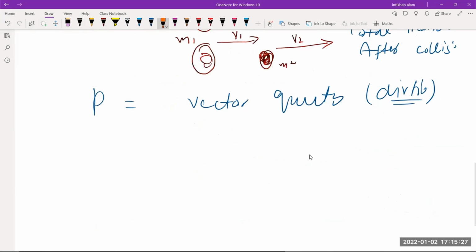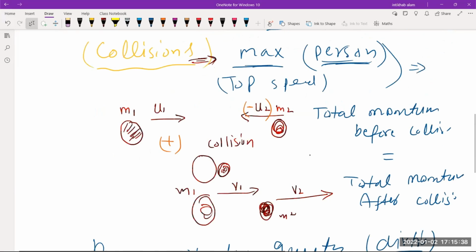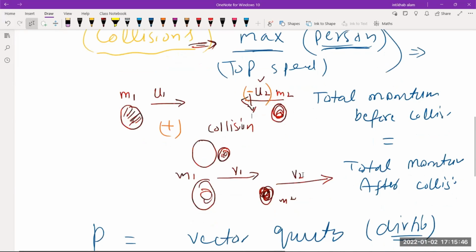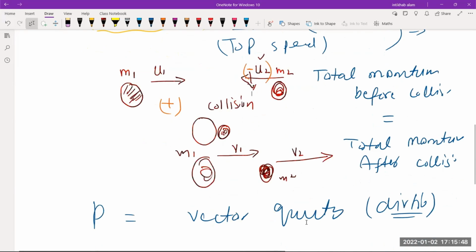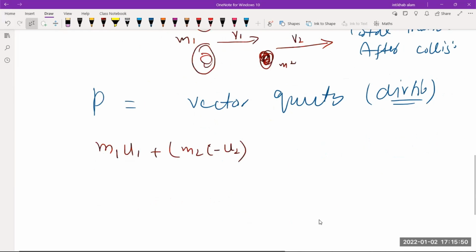So the momentum of the first body would be m1 u1 plus m2 times minus u2. I have put this negative sign myself; the examiner is not going to give us this sign. Knowing momentum is a vector quantity and has direction, that's why I put the direction.